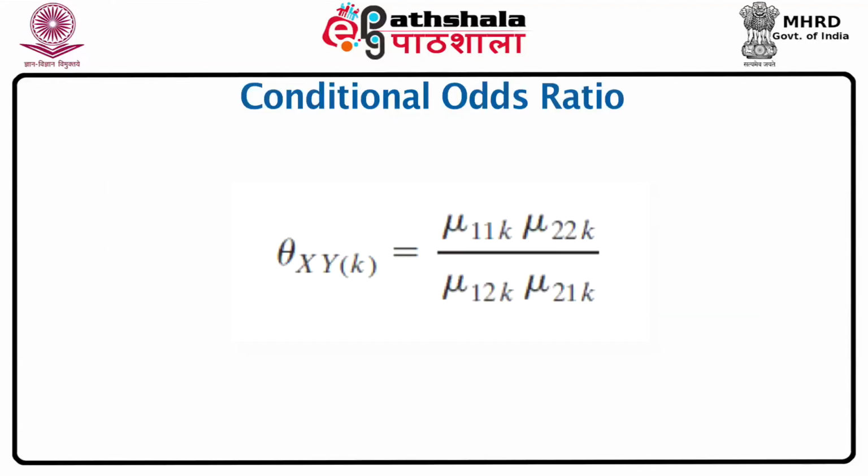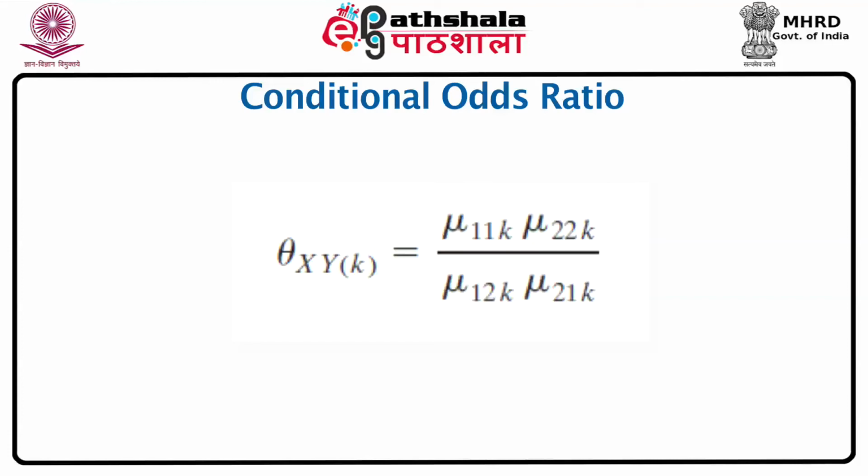We can define several kinds of odds ratios. So here I have defined the conditional odds ratio. The idea is that we have x, y, and z, where our main variables of interest are x and y, but we also measure z because it is a confounder.